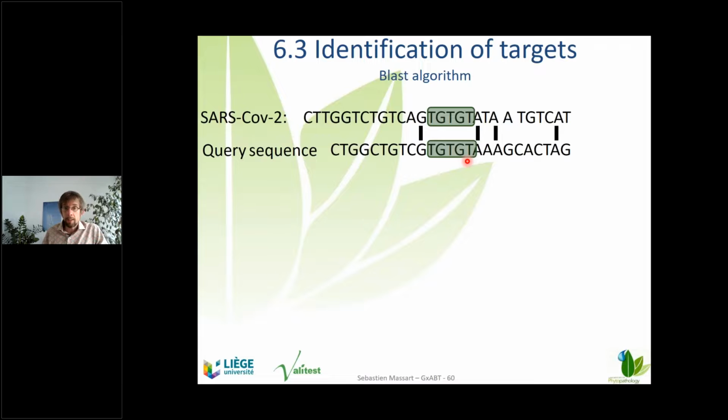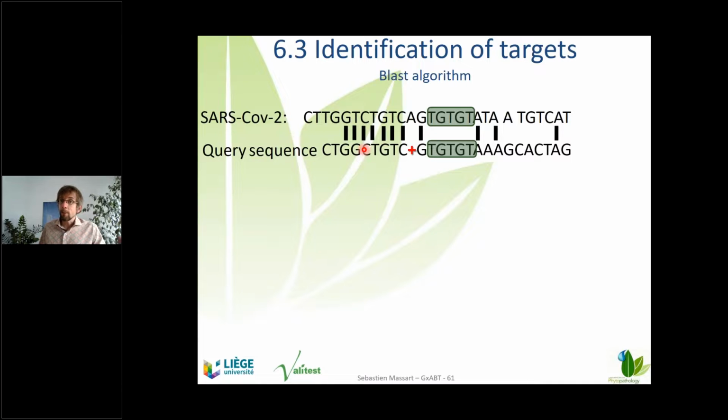Here there is one homology, but after, no homology. Oh, damn, nothing is similar. Do I have a very bad score? In fact, no, because BLAST also takes into account small insertions or deletions. If I consider this base A as an insertion, I get a very nice homology later on, which improves the score.